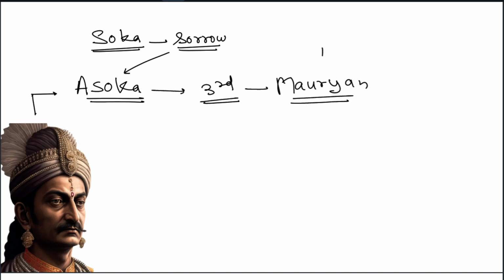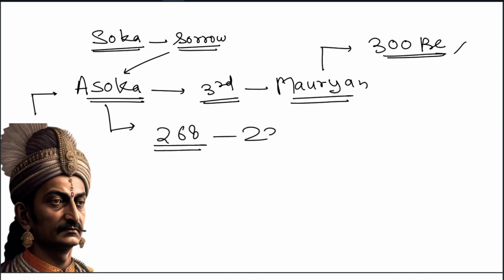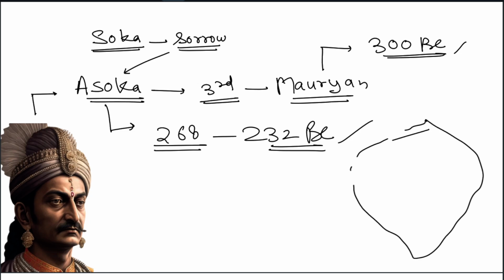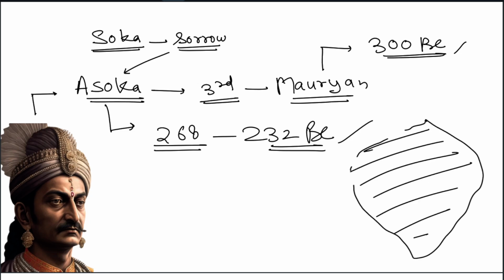The Mauryan dynasty was around 300 BC, and Ashoka ruled from around 268 to 232 BC. One of the greatest rulers of India, he expanded his territory over vast areas. His dream was to unify and rule over all of India.